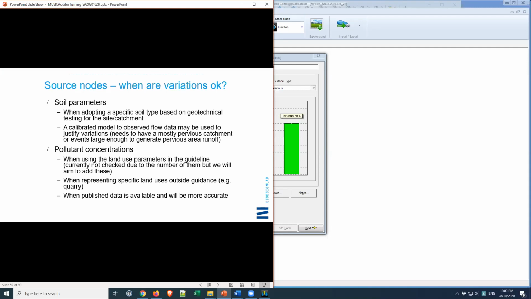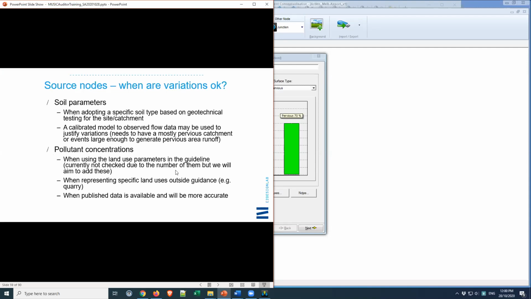You could expect those parameters are generally representative of hard clay soils, a limited amount of infiltration capacity, and fairly easily generated runoff. That's what that's representing. If you've got coastal sandy soils, then I would definitely be looking to use a different set of soil parameters and basing that on what information is available. Ideally, do a calibration, but I'm very conscious that very few people have the flow data to do calibrations.